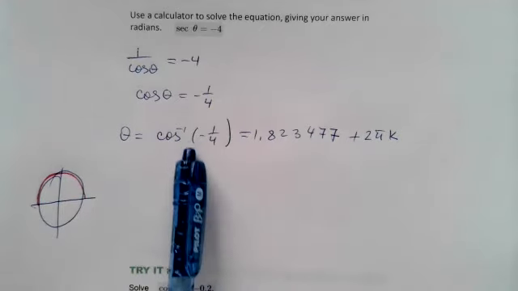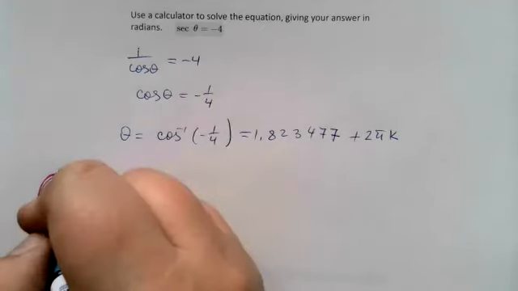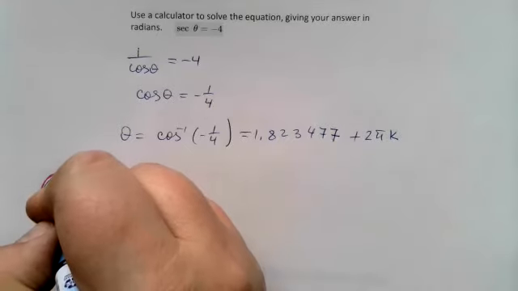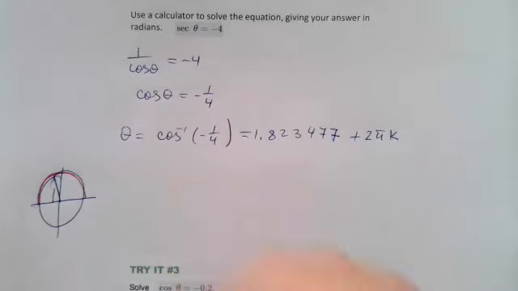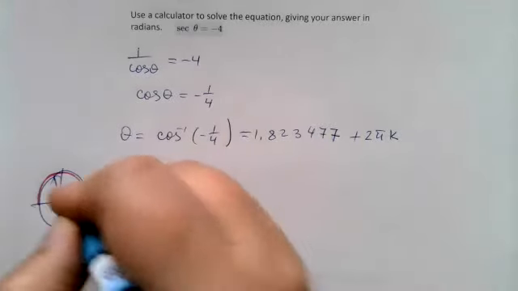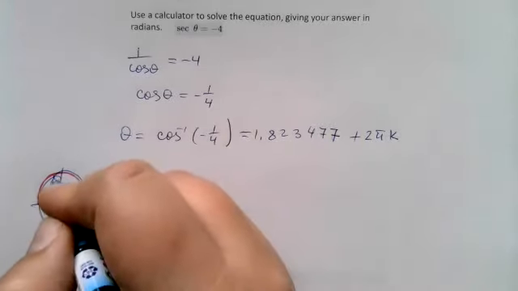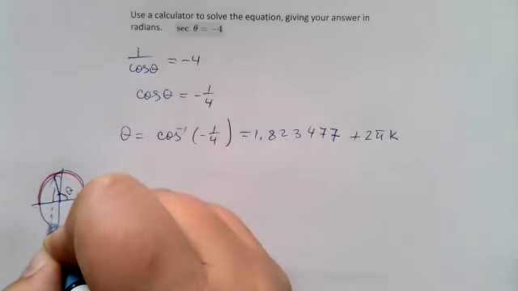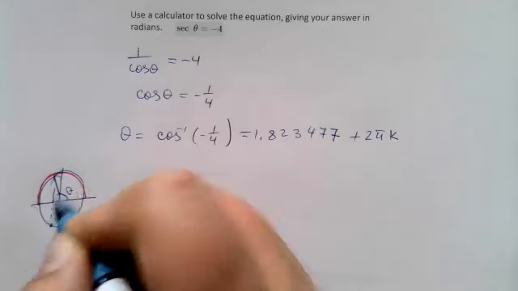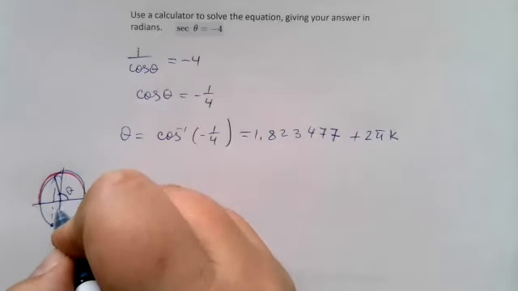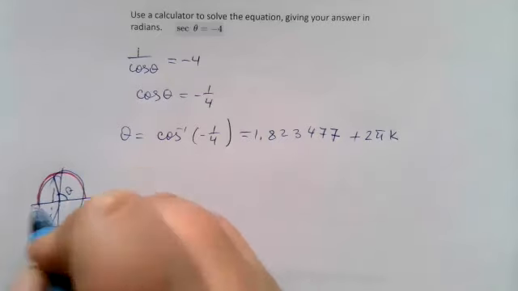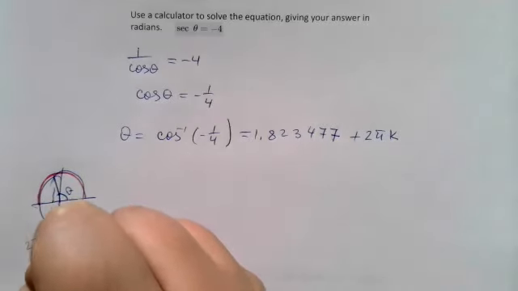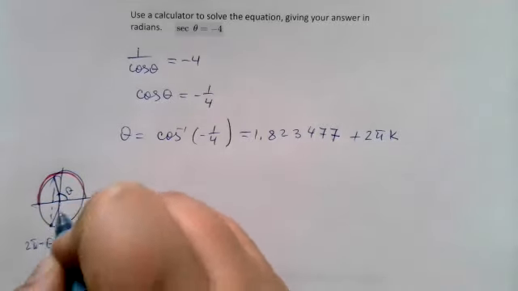Our angle, the cosine is -1/4, is going to be here. So that's the angle that we found right here. That's our theta. Now in the full circle, there will be another value like that right here. And that's basically 2 pi minus theta.